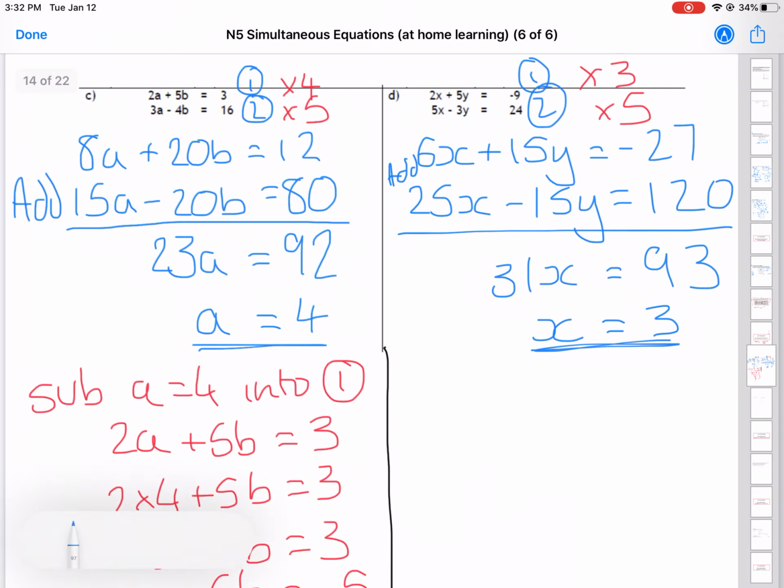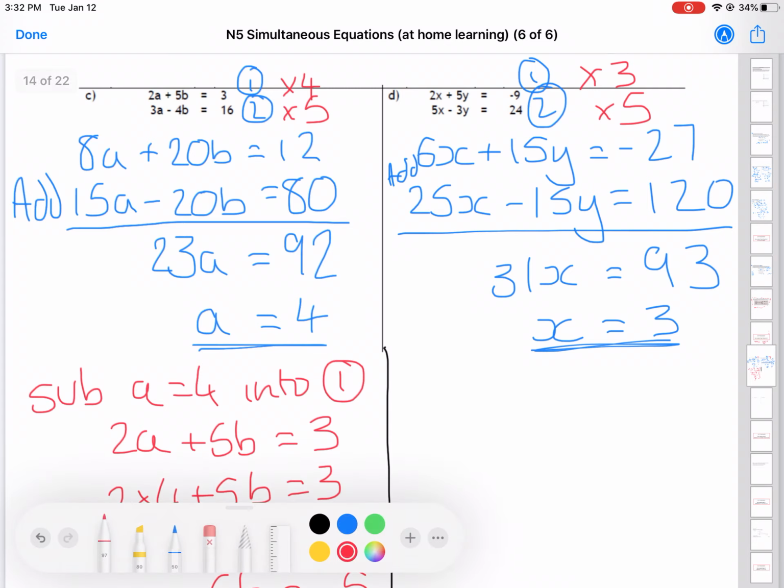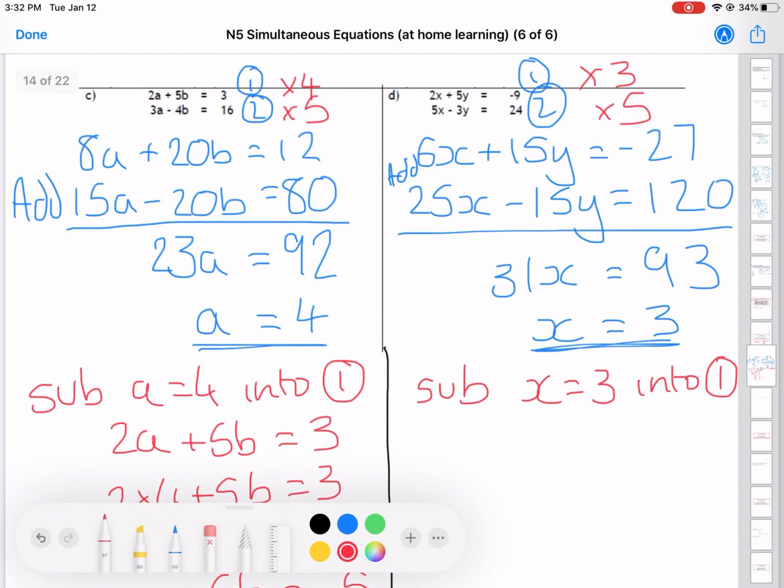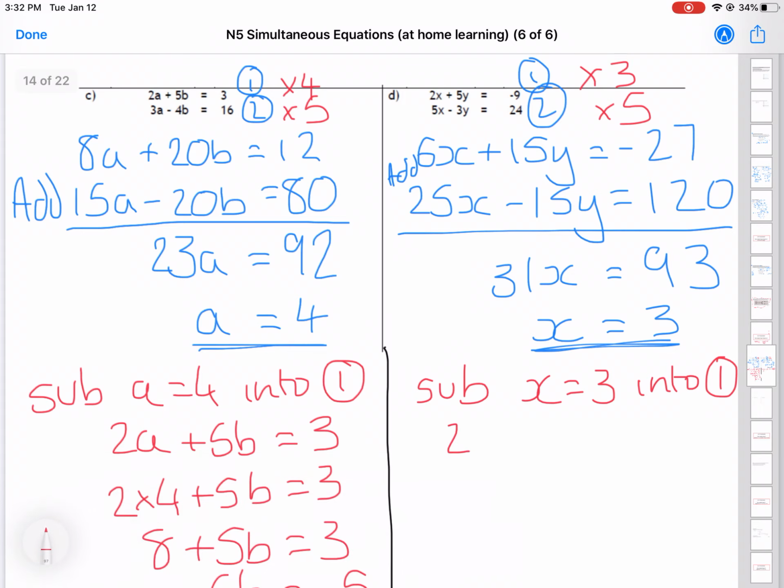Okay, we're going to substitute x equals 3 into one of these. You can see this is very, very repetitive. It's just quite tricky each time, just to make sure you're doing the correct thing and to get all of the different steps correct. So equation 1 was 2x plus 5y equals negative 9. 2 times 3 plus 5y equals negative 9.